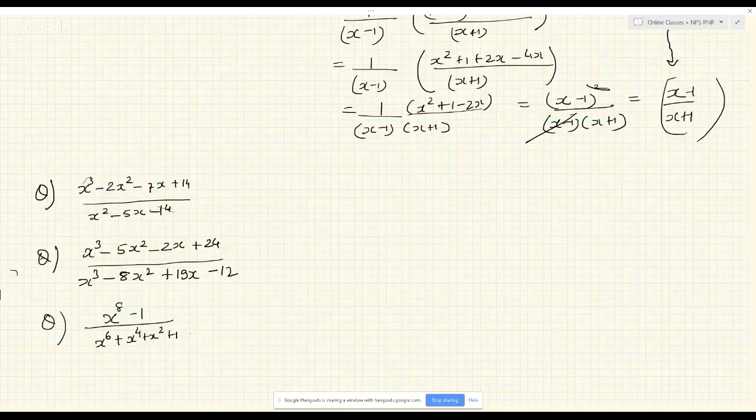Check again, Arpita. 2 and 7 are not the roots of the... Yeah, anyone else? 2 and 7 is not the root, or are the roots. 2 and minus 7 rather are the roots.